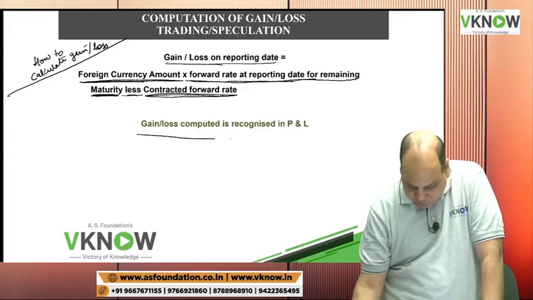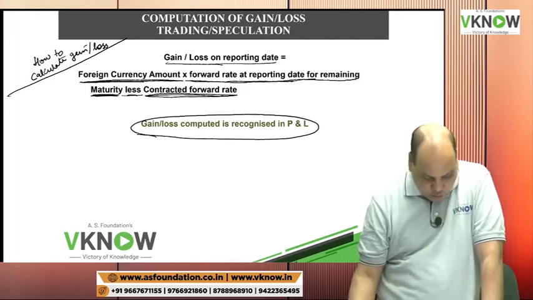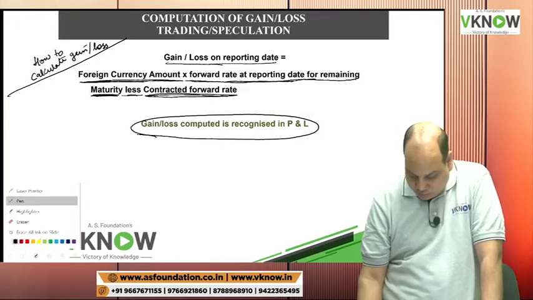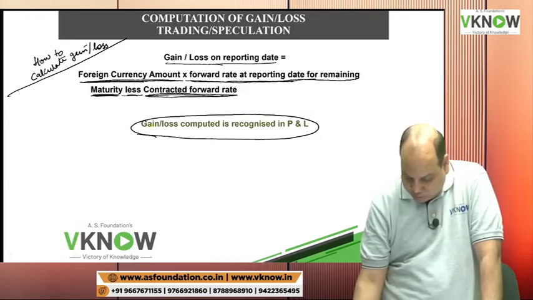The gain or loss computed will be transferred to the P&L account. Note this down in your book if it is not printed.